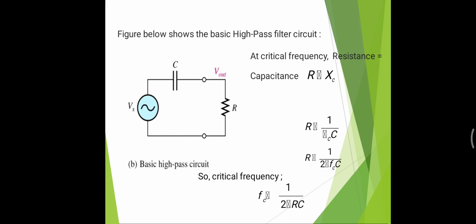The substitution is nothing but omega equal to 2 pi F, and we know already that Xc equal to 1 divided by omega C.